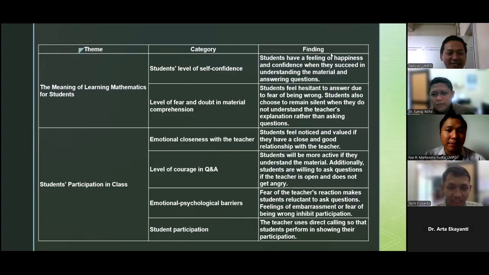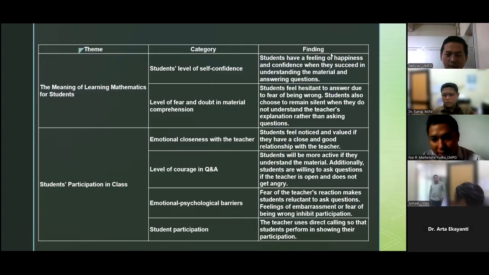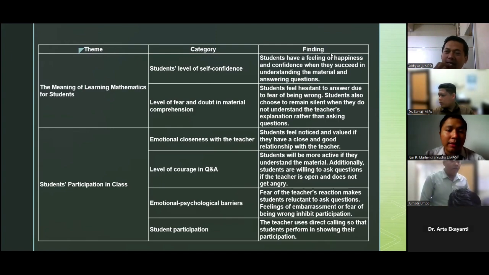So again, by suppressing the state of being wrong, we can boost students' participation in class. And the last category is students' participation in general. What we found is the teacher uses direct calling so that the students participate. So here's what we found in this.